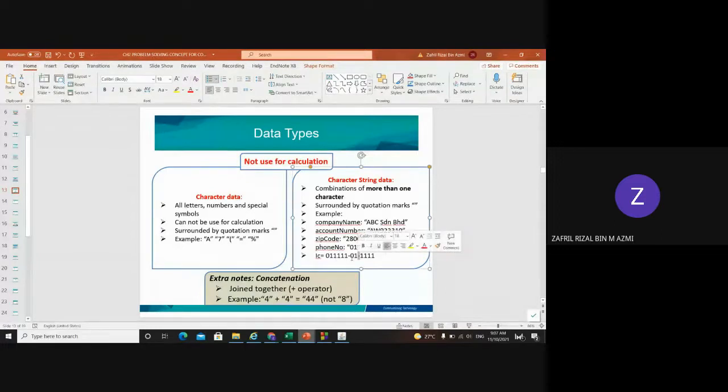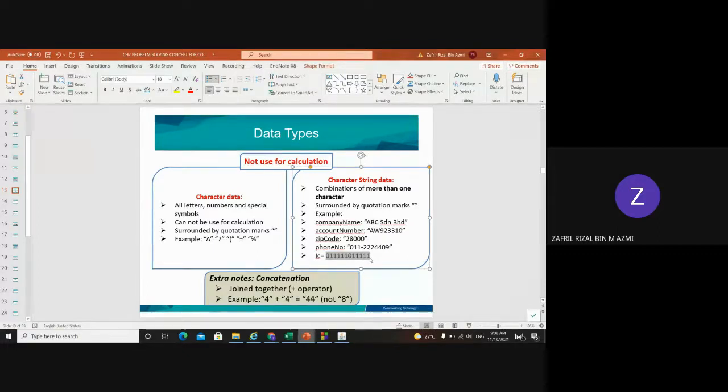If you have this in your value, it automatically becomes a string. So if you want to use IC as your numeric value, you cannot put a symbol. Then it can become a numeric value, and you can use it for any calculation.